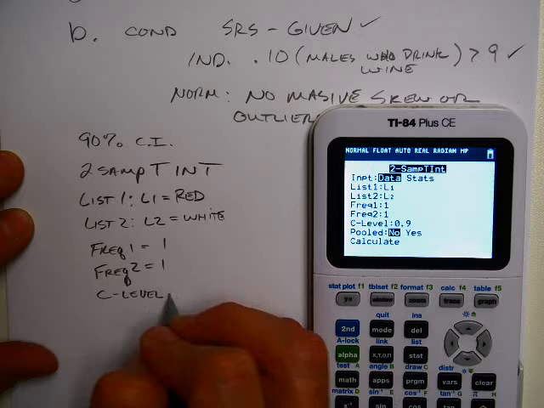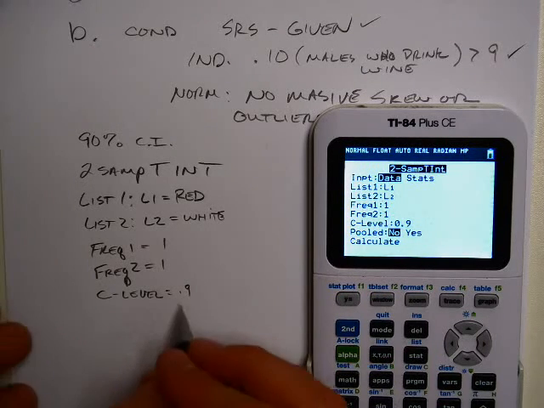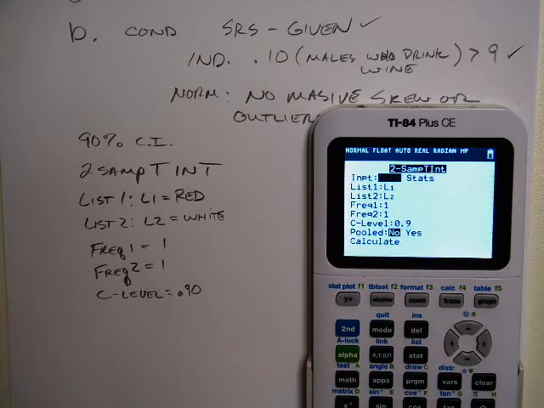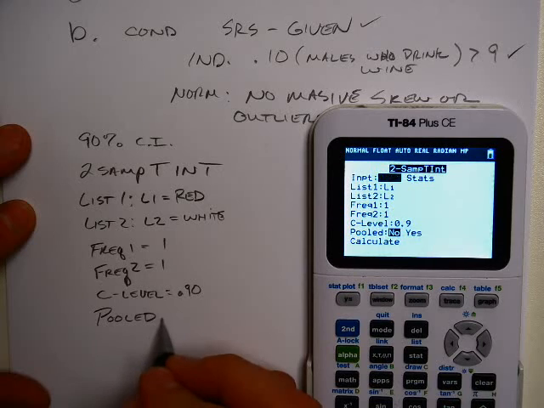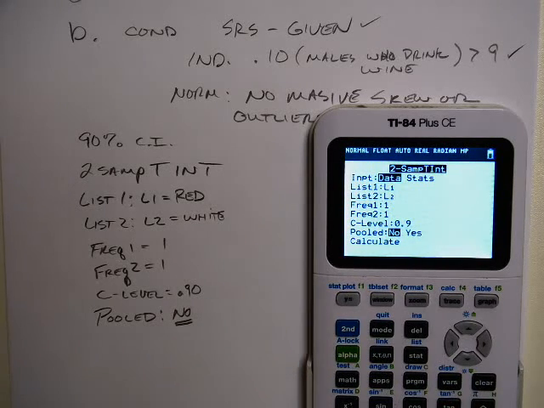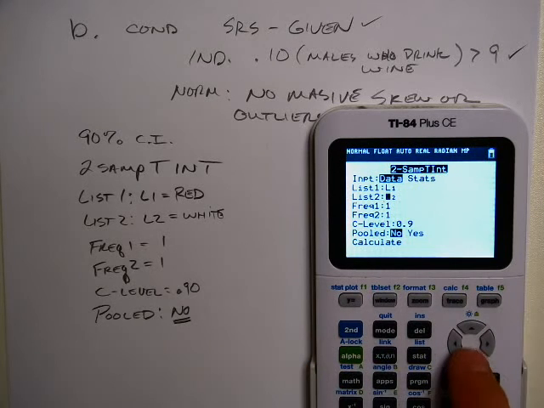Confidence level 0.9 or 90%. Pooled, this is a new one. There is a thing in the book that says what pooled is, but for our intents and purposes, when you're asked if it's pooled, you say no. It's not pooled.